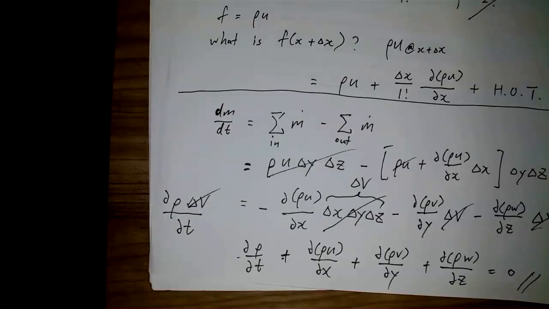I know in the slides I automatically tell you du by dx is 0, but where do we arrive at this?